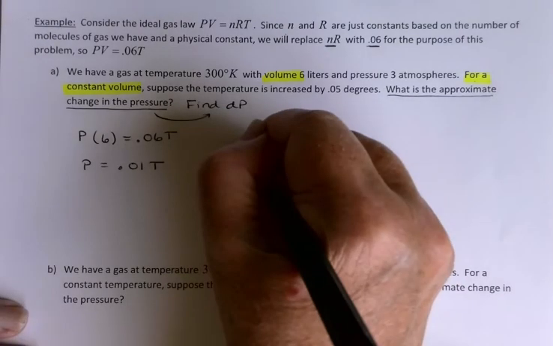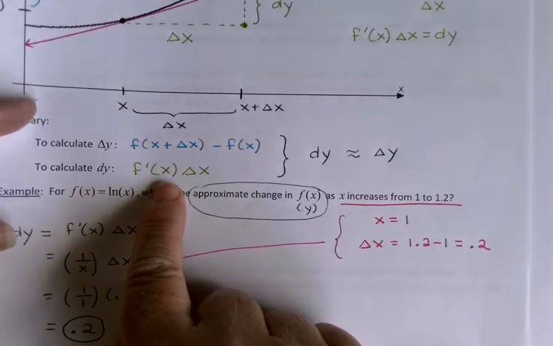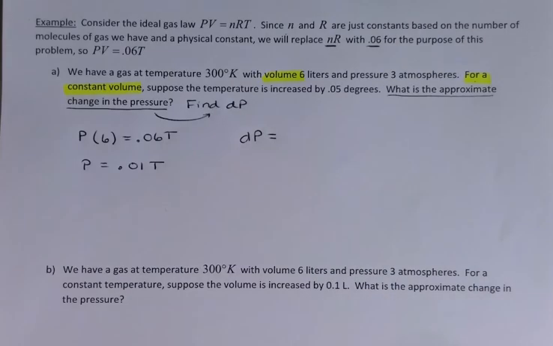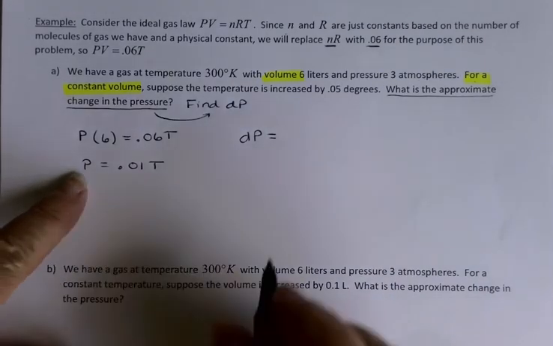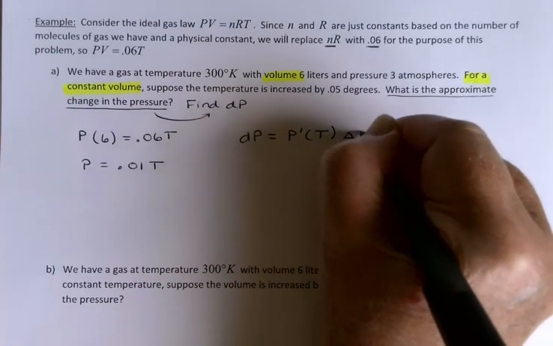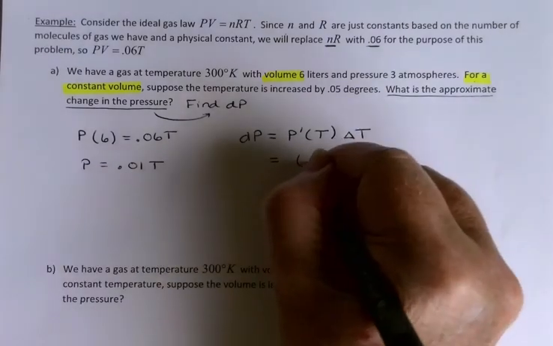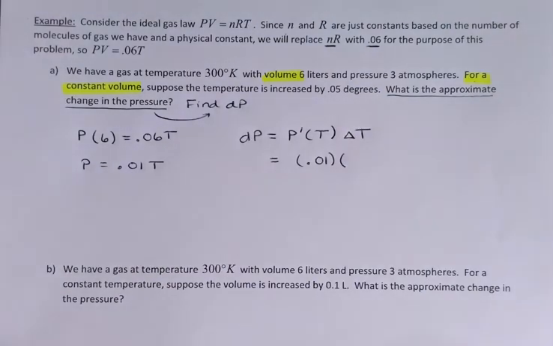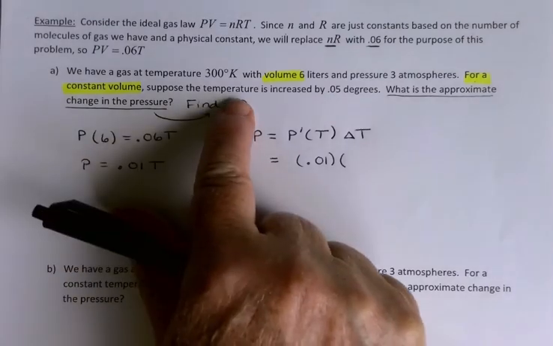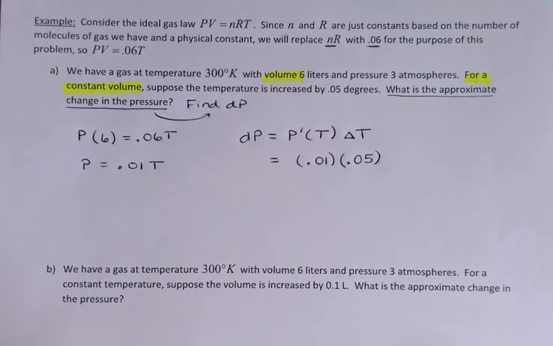So dP, and again, I'm using the same equation for differentials, right? F prime of x delta x, but I'm going to put it in terms of these variables. It would be P prime of t delta t this time. P prime of t is actually a constant in this case, 0.01. And delta t, well, the temperature went up by 0.05 degrees, so positive.